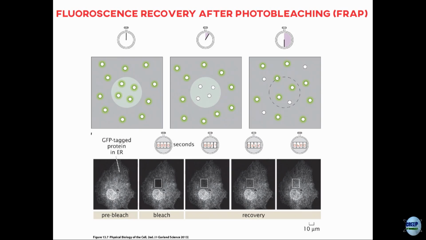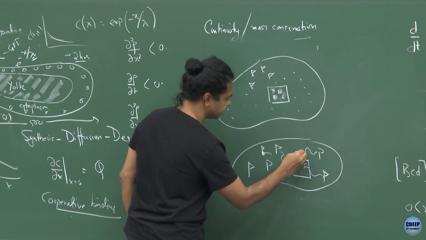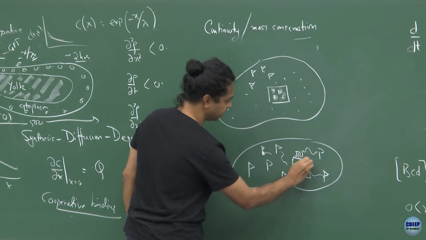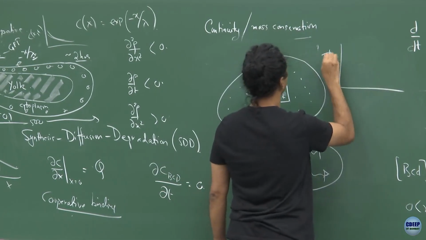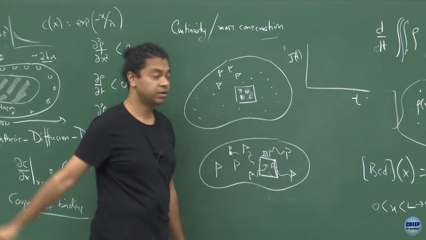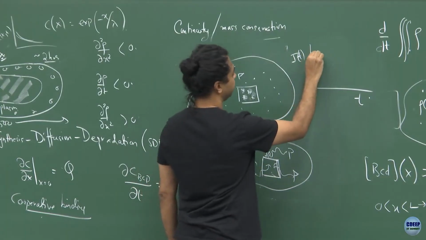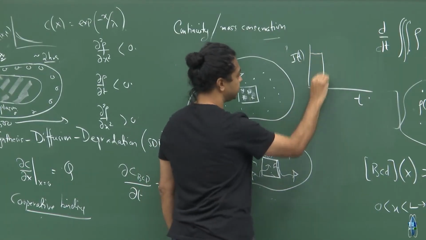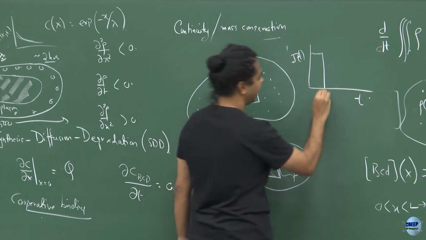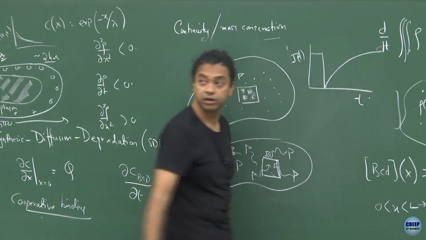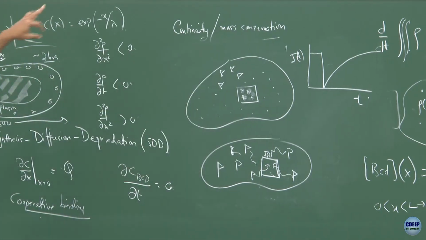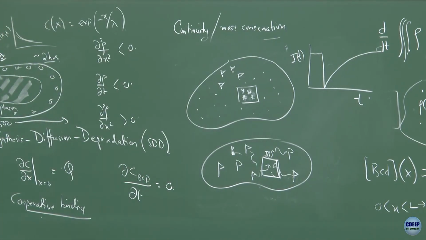So I measure, let's say, the integrated or average intensity in this window region. I plot this intensity as a function of time. So there was some intensity. You photobleach it, the intensity drops to 0, and then slowly as things diffuse, the intensity will recover back. This is what you can measure quantitatively from these experiments.